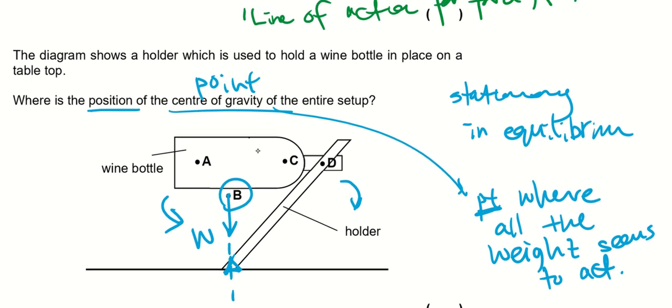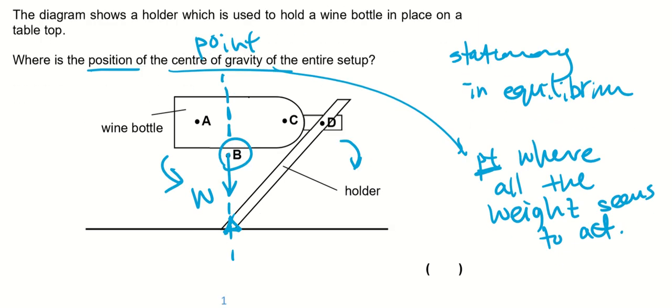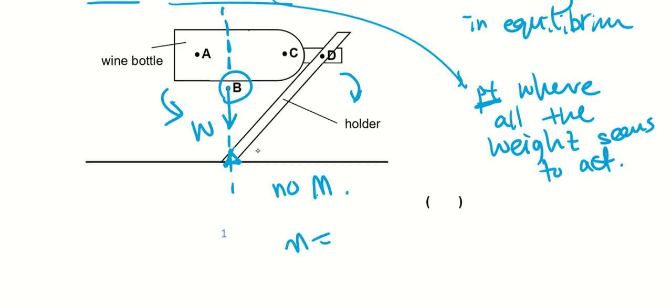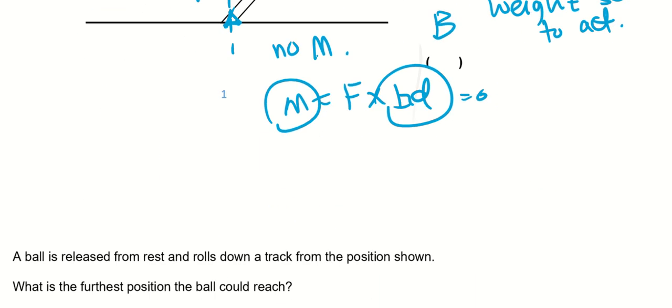And because the line of action of the weight passes through the pivot, there will be no moments. Moment equals force times perpendicular distance, and since the perpendicular distance is 0, the moment will be 0. So the answer will be B.